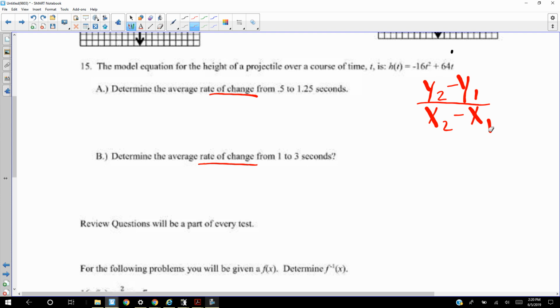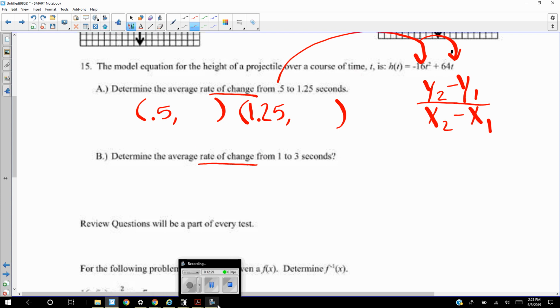They don't give us a table in this particular question, but they do give us the input values. They give us 0.5 and they give us 1.25. So we can sub in 0.5 for t in both places, and it's going to give us an output. That's what we need to do first to establish the rate of change in this problem.